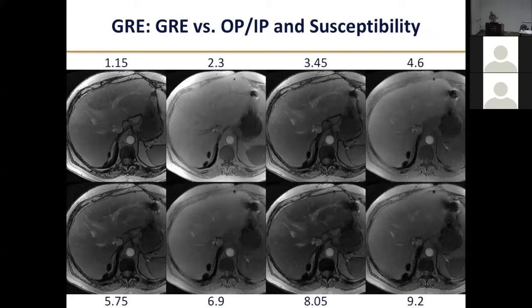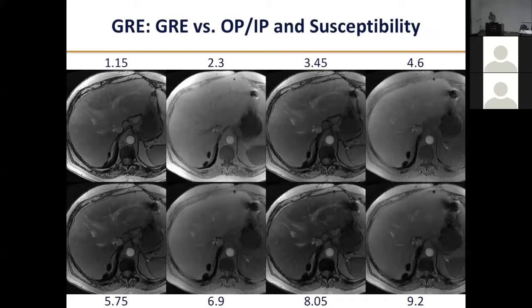Similarly, there's a little bit of susceptibility here from the stomach. And notice that it barely bothers you when you have a TE of 1.15. But let's look at the susceptibility as the TE increases. And notice that by the time we get to a TE of 9.2, now we see quite a bit of artifact. Also, I don't know if you guys can appreciate it, but this patient has another tiny surgical clip right here.